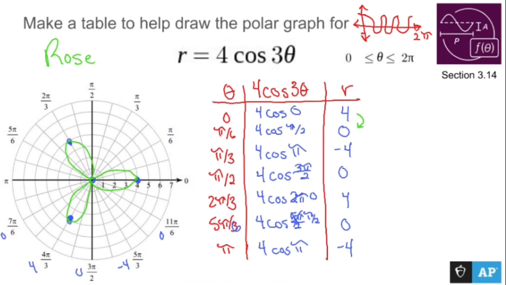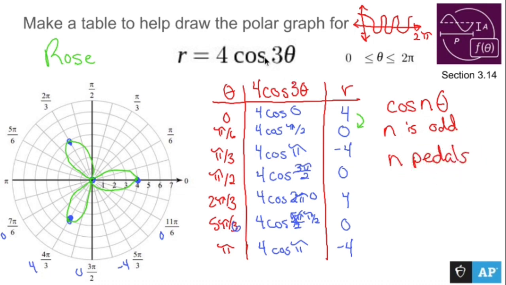Okay. Now, fun fact, whenever you have cos 3 theta, or sine 3 theta for that matter, if you have sine or cosine of 3 theta or 5 theta or whatever, if that number n is odd, you get a rose with n petals.